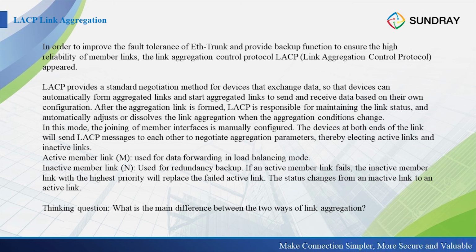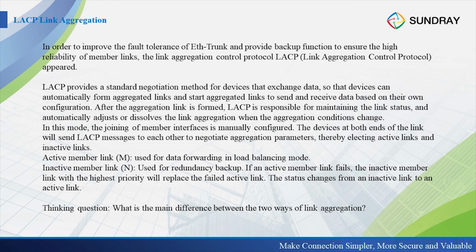So what's the difference between the two ways of link aggregation? In the manual load balance mode, all the ports are in data forwarding state. But in the LACP mode, some links act as backup links and do not forward data.